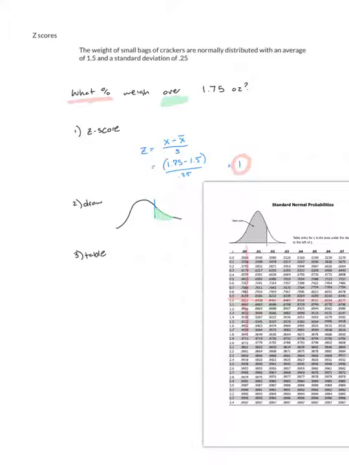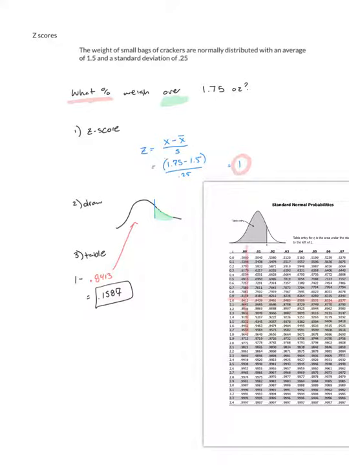That gives me a probability of 0.8413. Now I need to remember that this is always a lower end tail. So if I want an upper end tail, like I do in this problem, then what I'd have to do is take 1 minus that value, which will give me 0.1587.